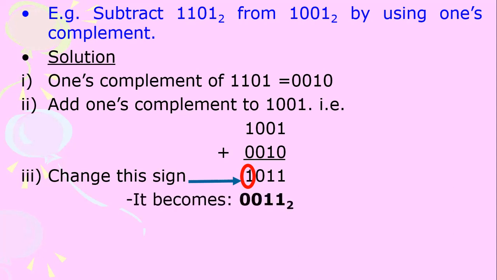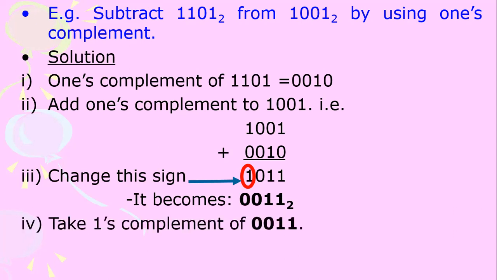So it becomes 0, 0, 1, 1 binary. Then we take the 1's complement of 0, 0, 1, 1, which gives us 1, 1, 0, 0 binary.